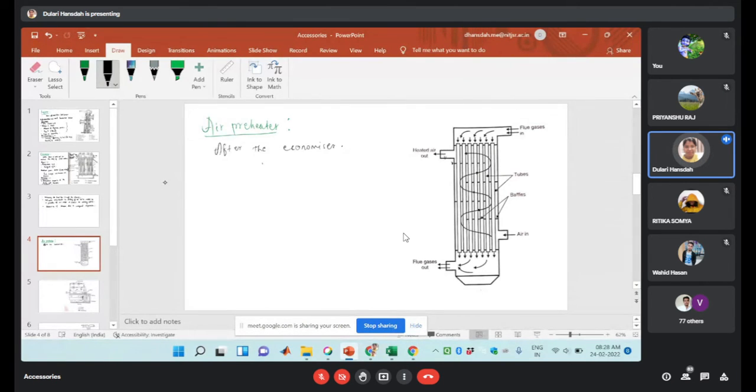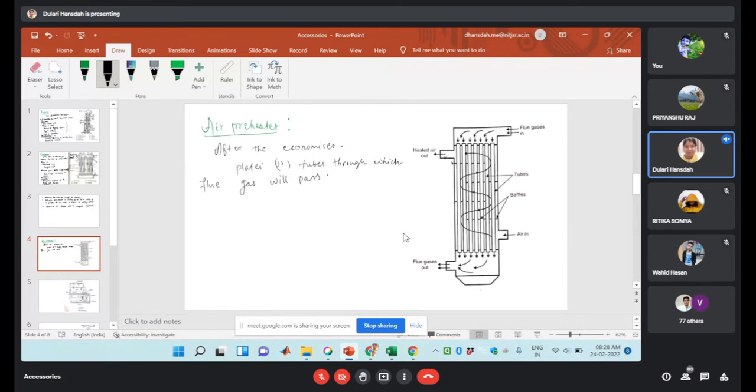The air preheater may consist of plates or tubes through which the flue gas will pass.